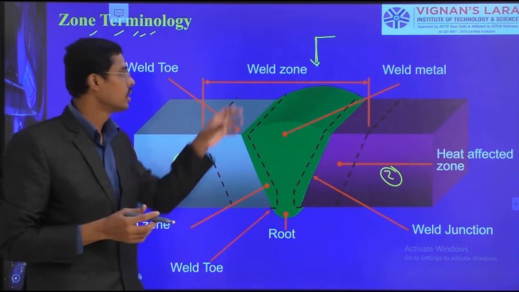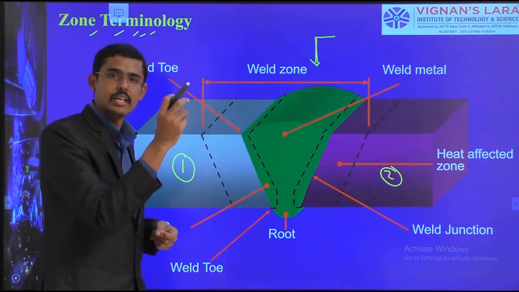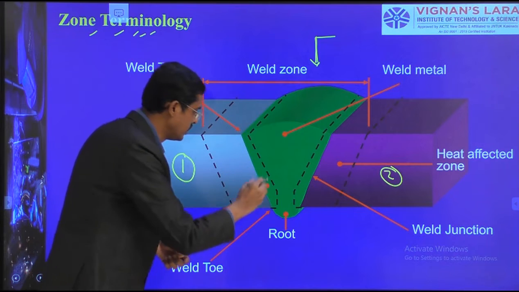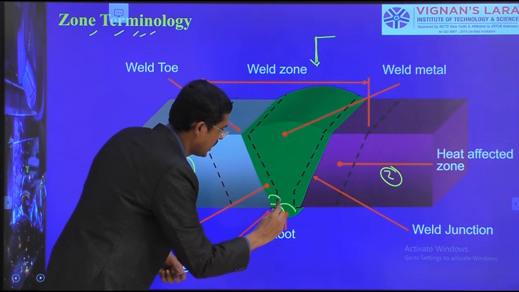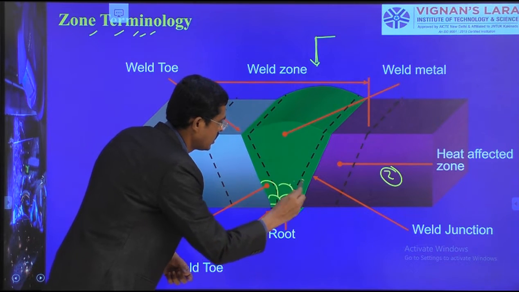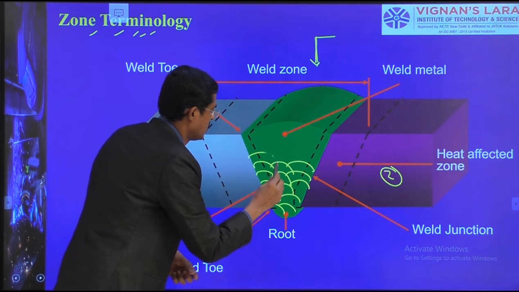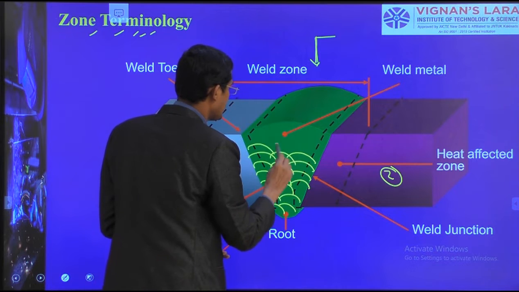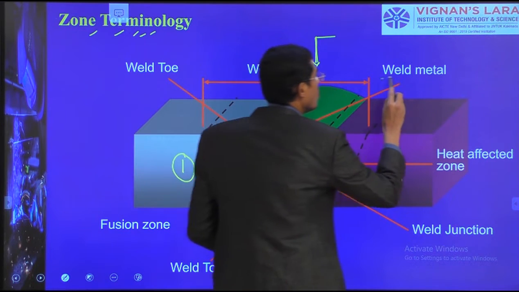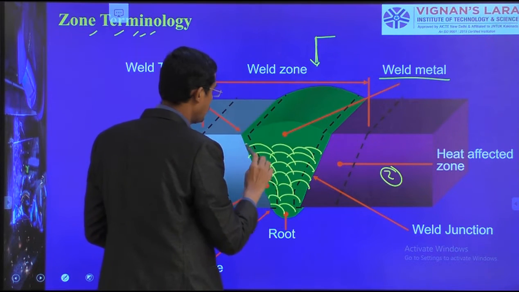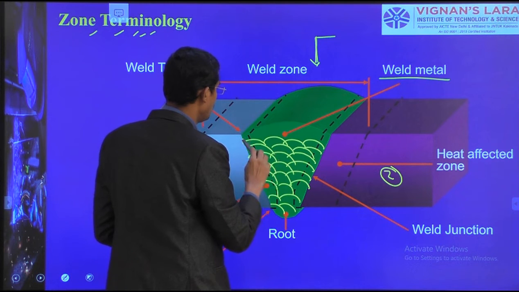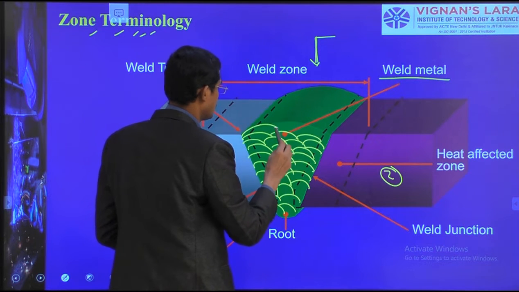With respect to the heat, it melted, deposited and filled. Here it is filled, likewise here it is filled. Those regions I am calling the weld metal. This green zone I am calling the weld metal configuration.